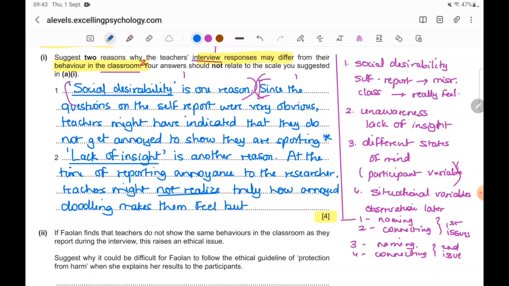But during observation, okay, again check that I'm linking it with observation. During observation, they may unknowingly reveal their true feelings.